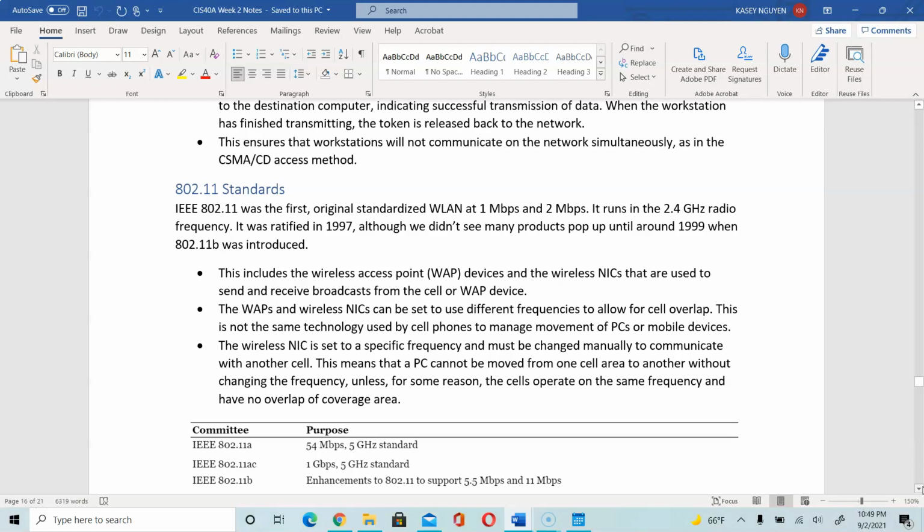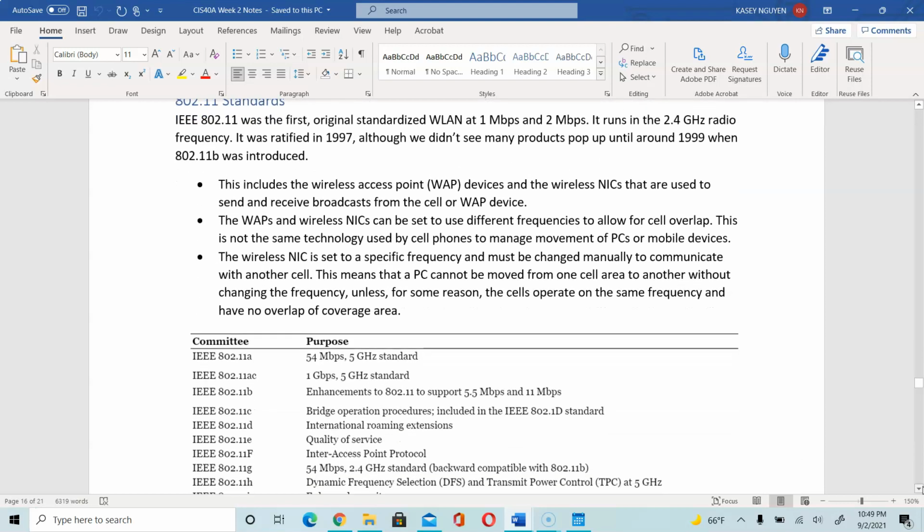So the first few that were developed, 802.11a, the transfer rate for that is 54 megabit per second, and it uses the 5 gigahertz standard. So definitely faster in speed, but shorter in distance range.